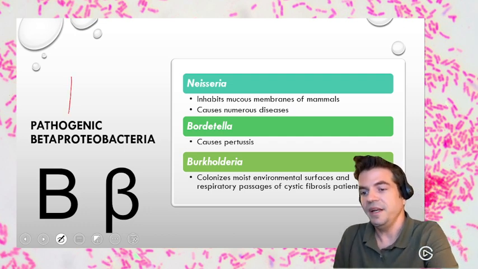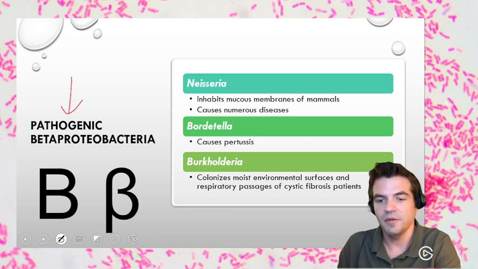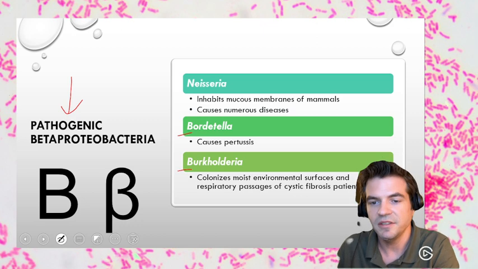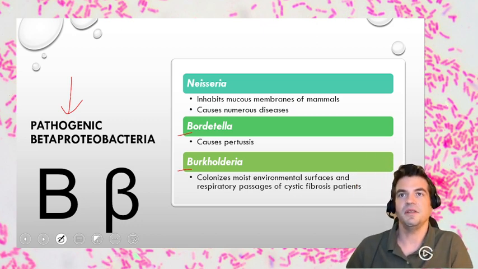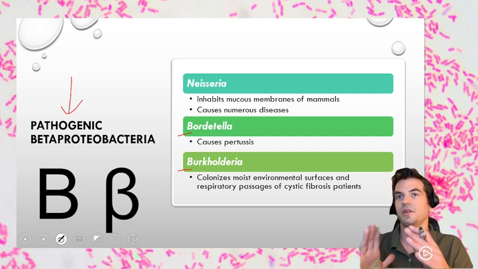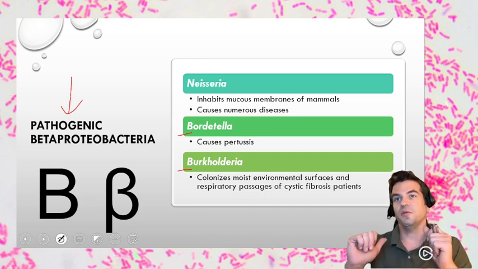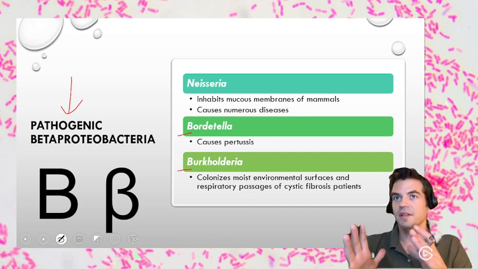Again, in our beta group, we have another set of pathogenic bacteria. I would say it's probably easy to remember these based on their B distinctions here. But don't focus on memorizing which ones are which. Remember the 6 different sections, and remember the names of the bacteria that we come across.